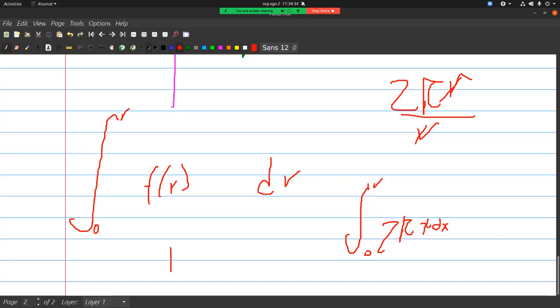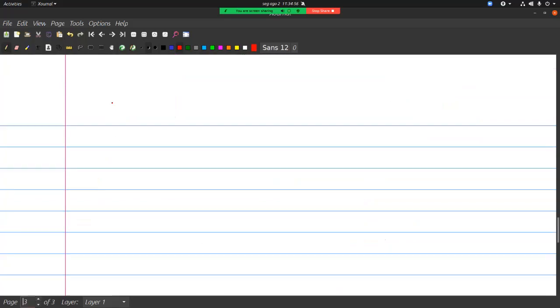Pi is a constant. If we integrate 2x, it's 2x squared over 2, so it cancels. Then it's pi times x squared evaluated from 0 to r, which is pi r squared minus 0, so pi r squared.